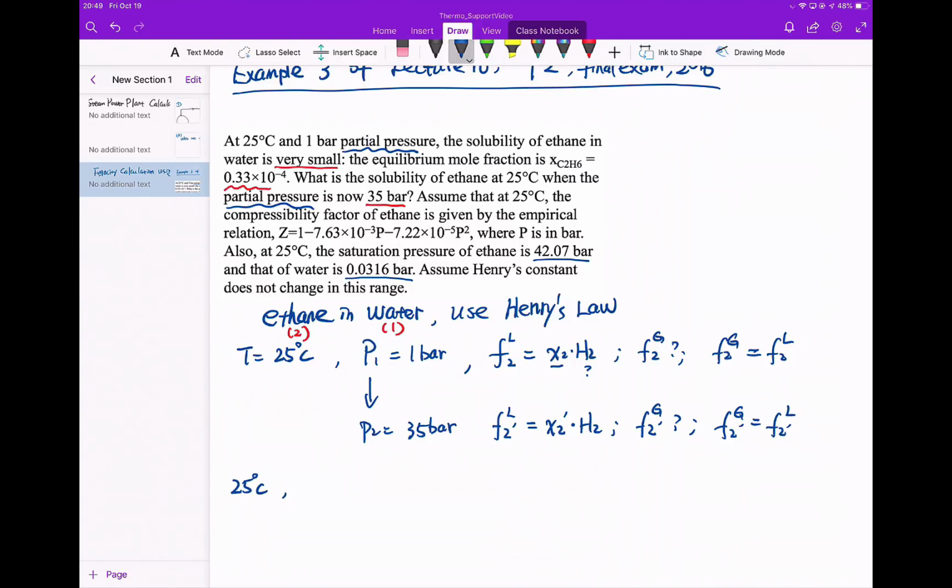So at that temperature, the saturation pressure of water, which is 1, is 0.0316 bar, while the saturation pressure of 2 is much larger.